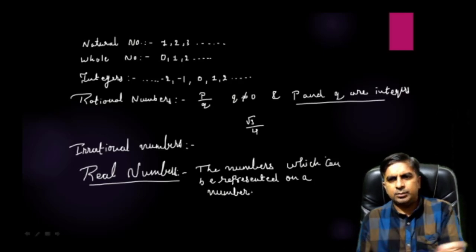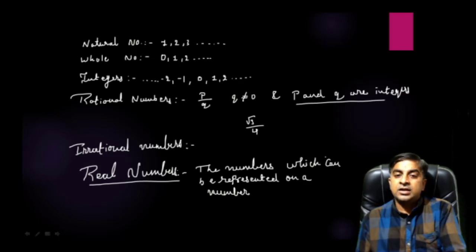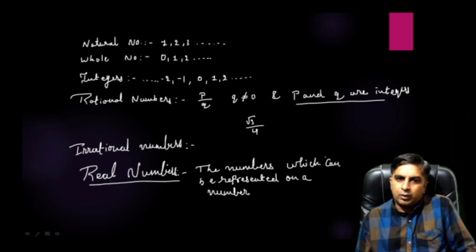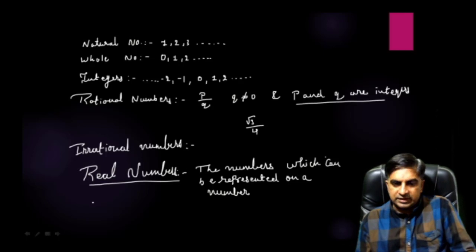Any number that we can represent on a number line is a real number. All these numbers we can represent on a number line, that's why they are real numbers. This is the perfect definition.